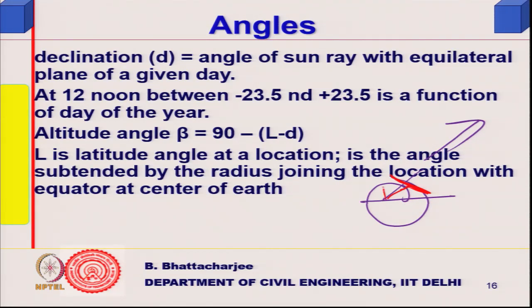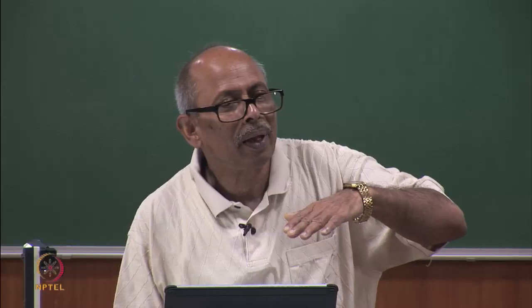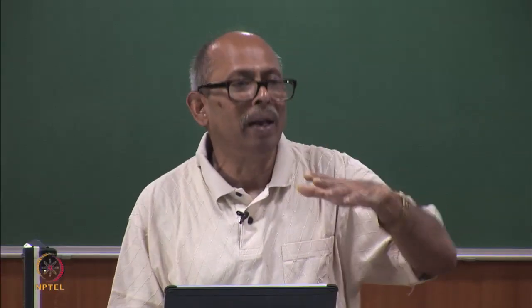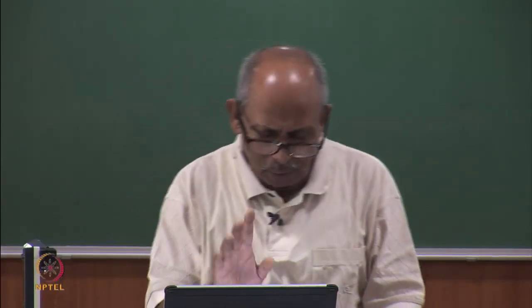So, 90 degrees minus latitude minus declination is actually the altitude angle of the sun, because the altitude angle of the sun is between these two, the horizontal plane and the sun's ray. We will have more details of this.